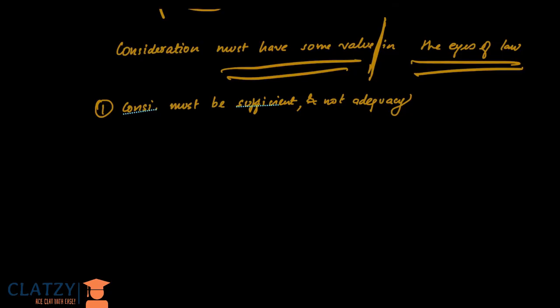Adequate, what is the meaning of adequate? Adequate means something which is equal or fair. So if I'm giving you a pen worth rupees 10, you will have to give me rupees 10 or something of an equivalent value. That is when you say that the value is adequate. Okay. But with respect to consideration, our law is quite clear. It says that we are not bothered about adequacy of consideration.